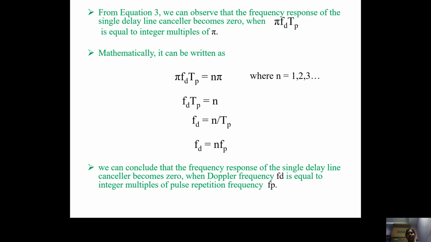So mathematically it can be written as pi FD Tp equal to n pi, where n equal to 1, 2, 3 and so on.